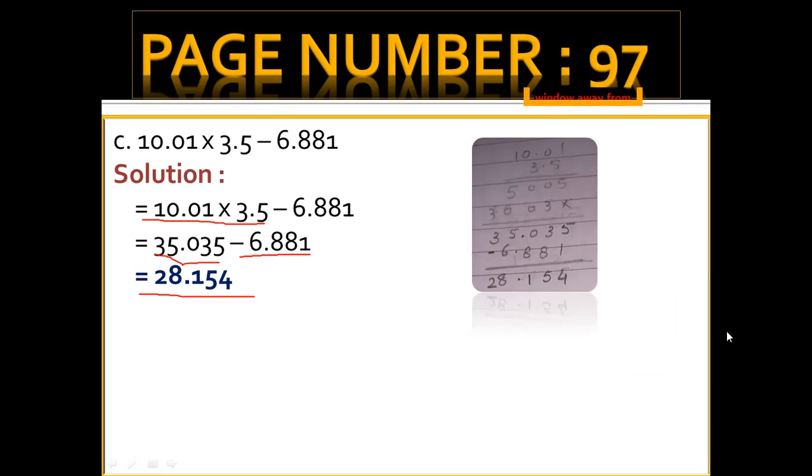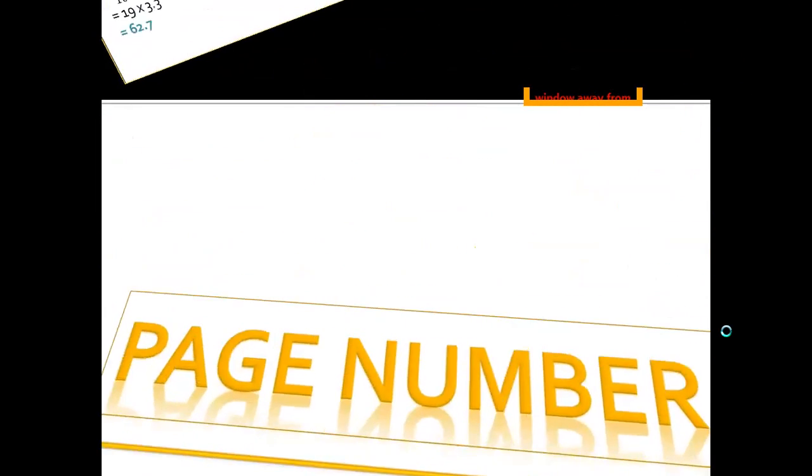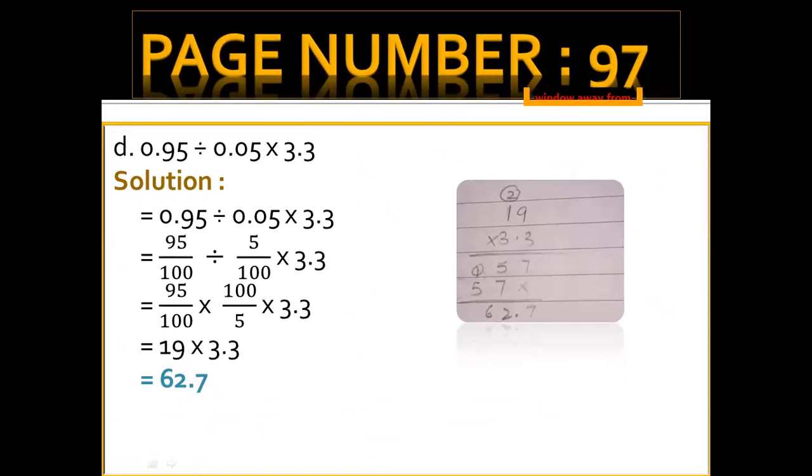D part of this question is 0.95 divided by 0.05 multiply 3.3. Again we have two operations, division and multiplication.